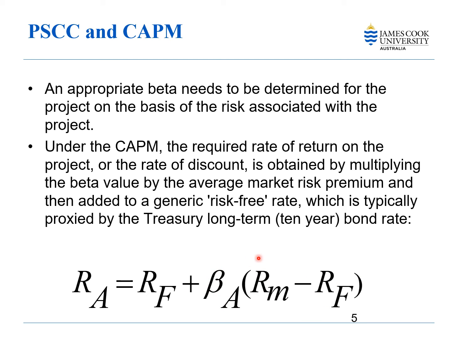This term is composed of two components. One is the risk premium, the difference between the market rate of return and the risk-free rate. This is augmented by the beta associated with the project. If it is higher than 1, it's riskier than the market, so we use a beta higher than 1. If it is less risky, we use a beta lower than 1.